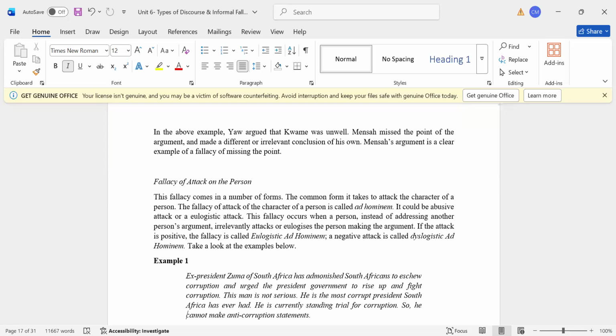So you have a pastor, and the pastor has been accused of rape. And people say, oh, no, it cannot be true. He's a man of God. He's always nice. It means you are praising the person, using the outward character of the person as a basis to make a conclusion. That one is eulogistic ad hominem. And it happens in everyday life or in most instances. Ad hominem in particular happens a lot.